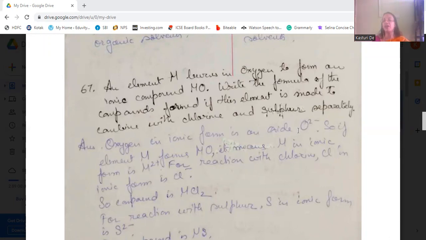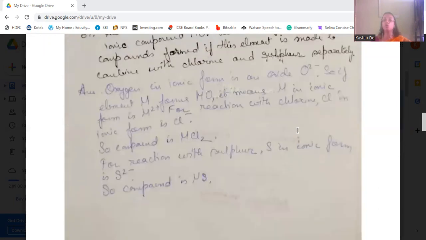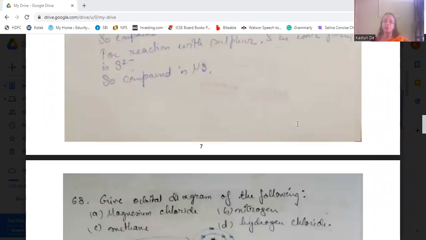For reaction with sulfur, sulfur in ionic form will be S2 minus. As M has valency 2 and sulfur requires 2 electrons to complete its octet, the compound will be formed as MS, with the same valence.